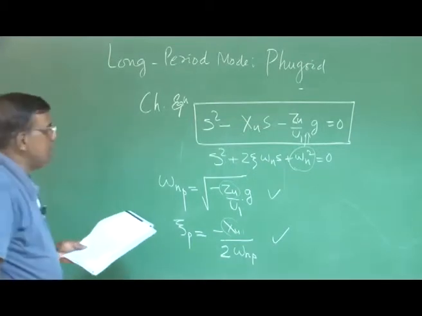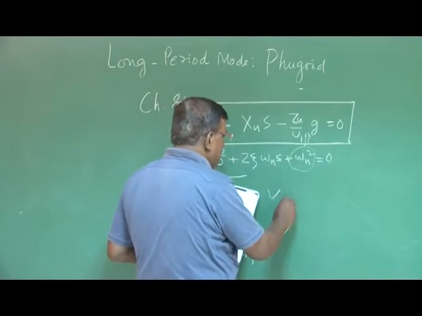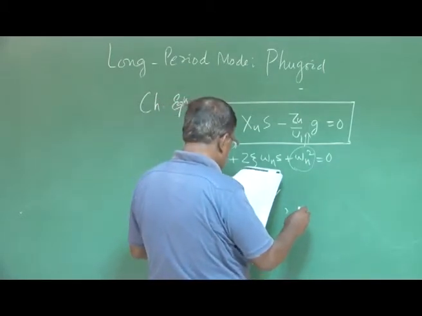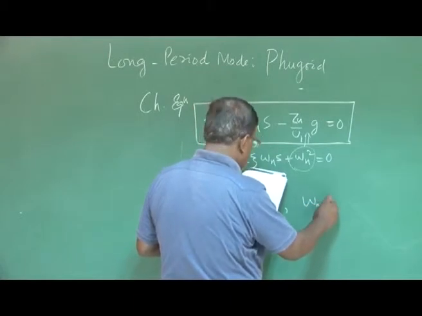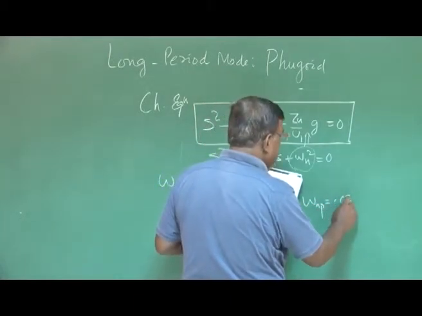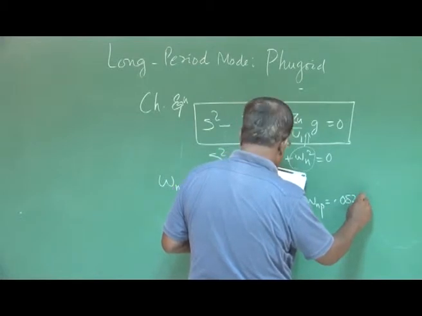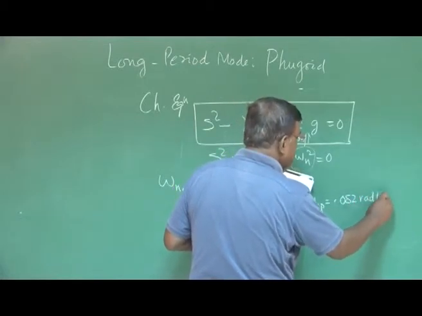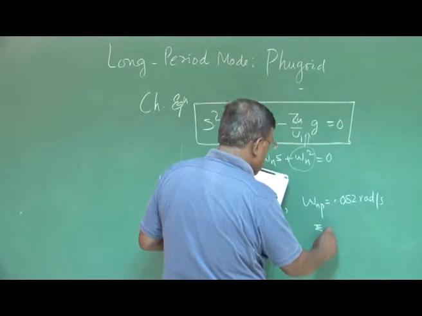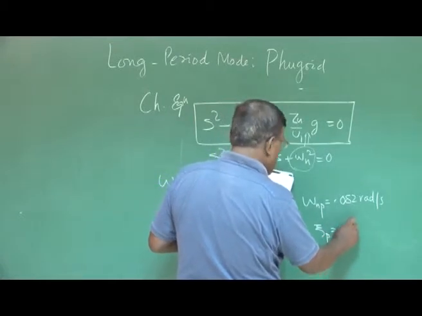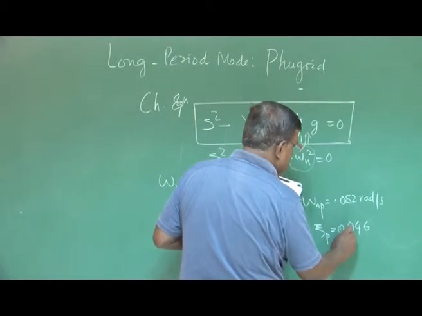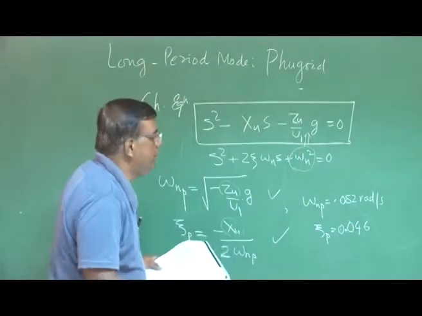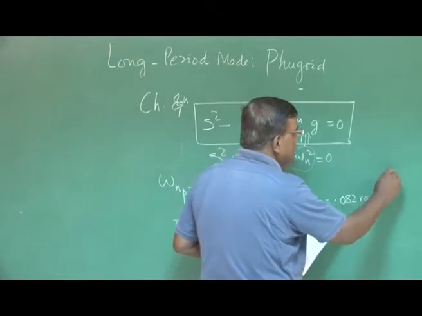If we do this for the example airplane which we are doing, then omega n Phugoid will come around 0.082 radian per second, and zeta p will come as 0.046.